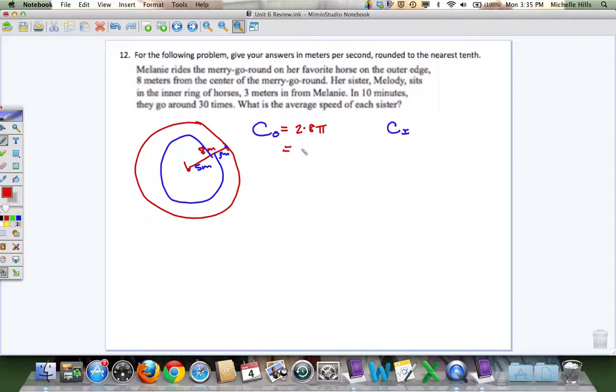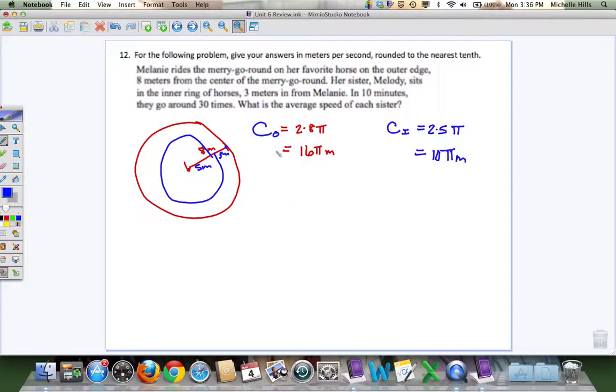The circumference of the outer circle is 16 pi, and that is in meters. The inner circle, the radius is only 5, so I'd take 2 times 5 to get the diameter of 10 times pi. So the inner circle, it's 10 pi meters. So in one revolution, that's how far each of them have traveled.